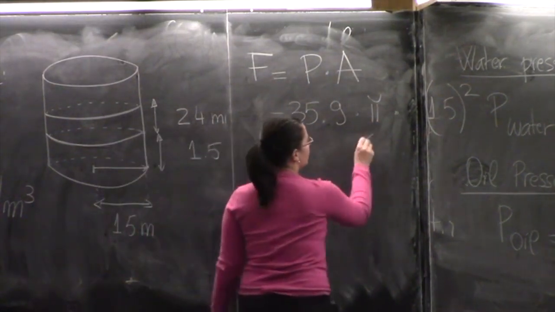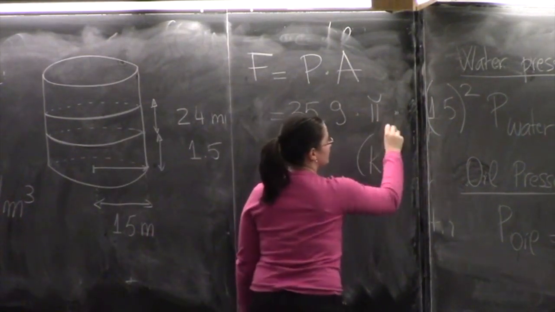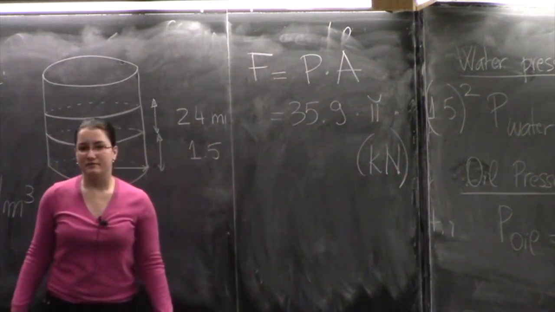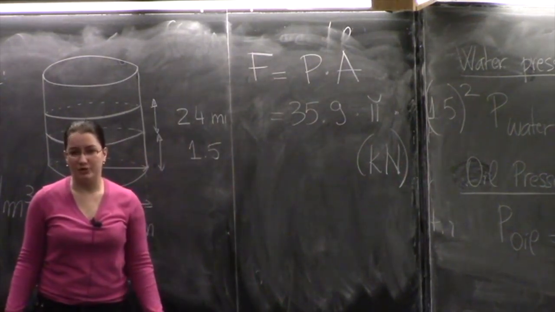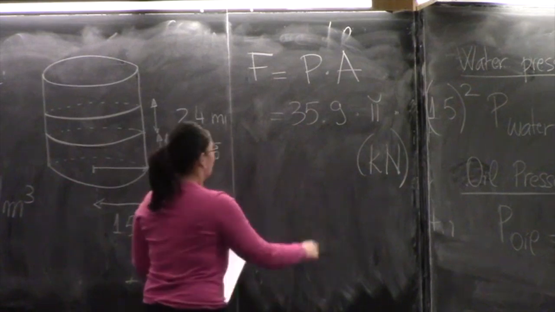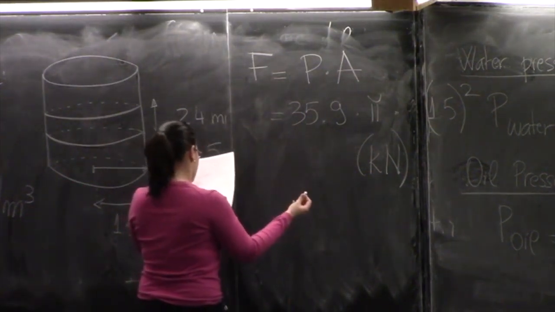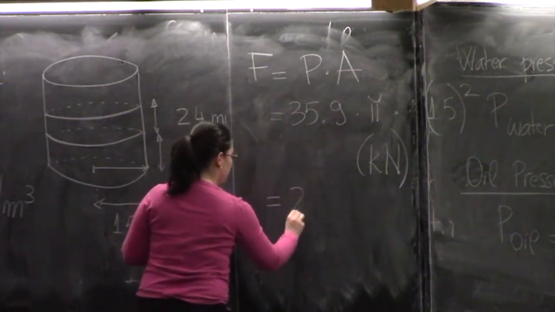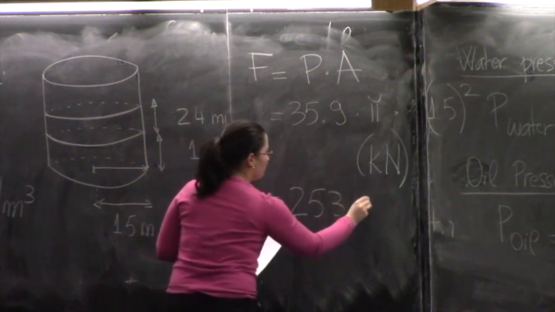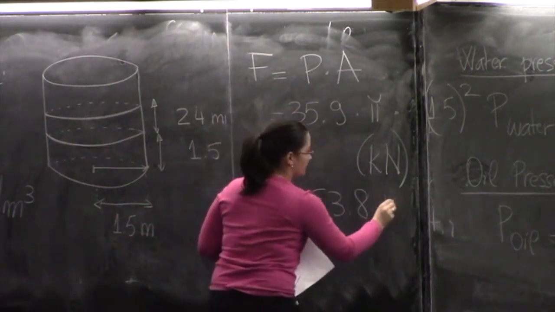So if we are very thorough and I wanted to get some measurement unit, the appropriate measurement unit would be the kilonewton. Okay, and what's the computation going to result in? 253.8 kilonewtons.